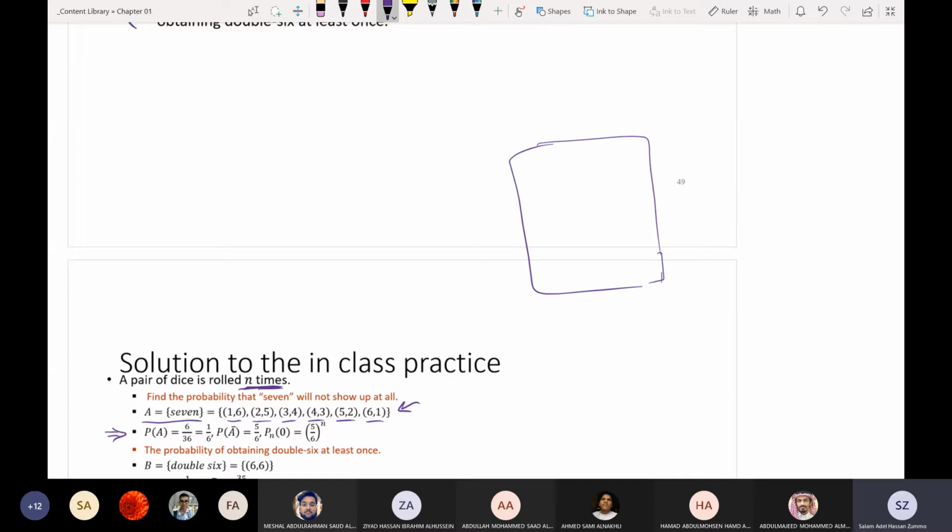So A is 6 occurrences out of 36. So the probability of A is 1 over 6, which means that the probability that A doesn't happen, here no 7, is 5 over 6.